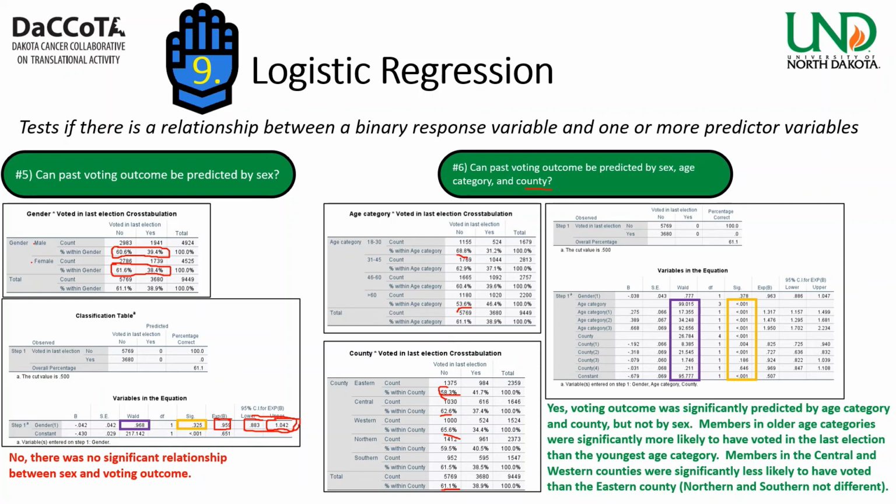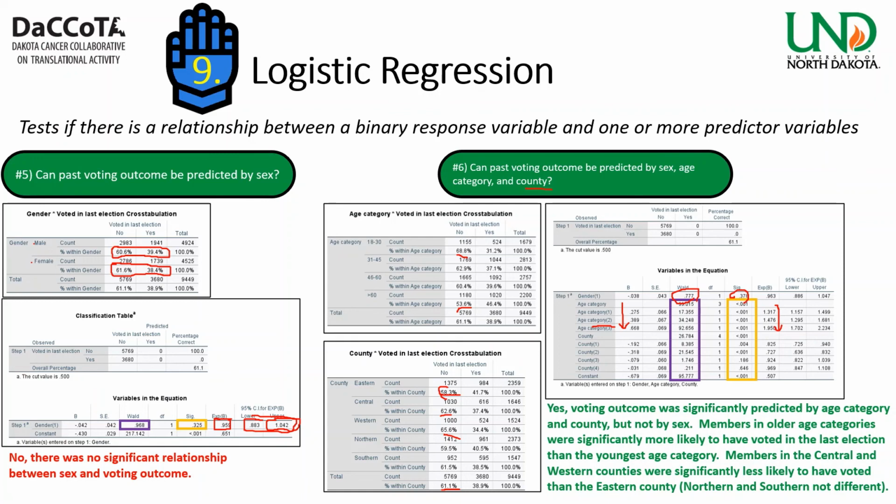You can see here that this Wald variable is not significant. Members in older categories, so as age goes up, were significantly more likely to have voted in the last election. You can see that the log odds increase, which means it's more likely for the older category than the reference young category. And then members in the central and western counties were significantly less likely to have voted than the eastern county.